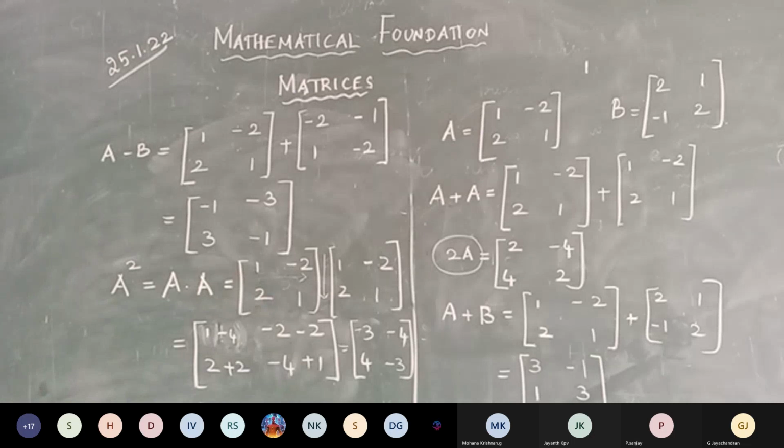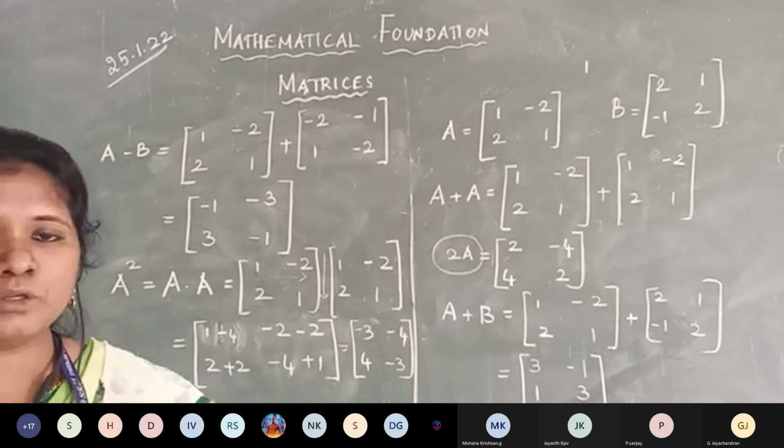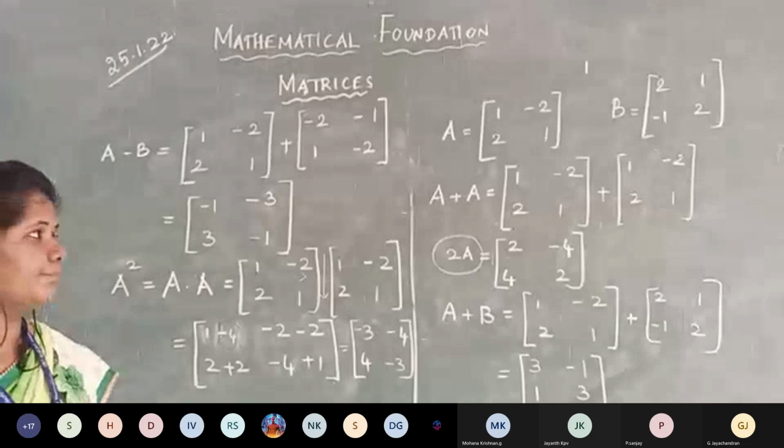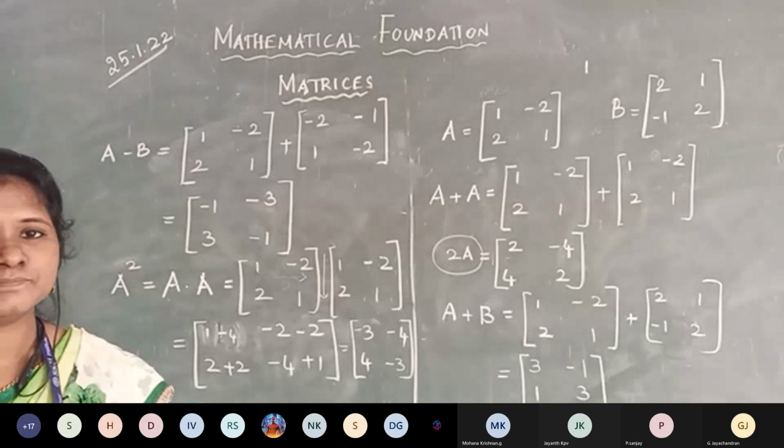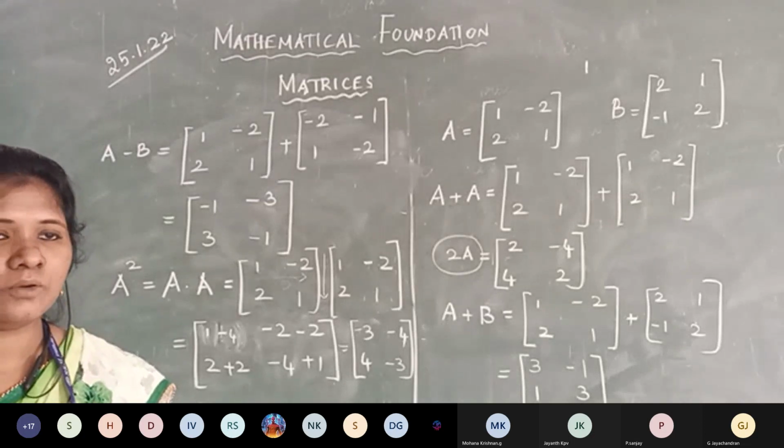I will give you a problem where you can do it for a 3 cross 3 matrix also. You've finished writing. I want you to do a multiplication for a 3 cross 3 matrix also. Finished writing? Any doubts?